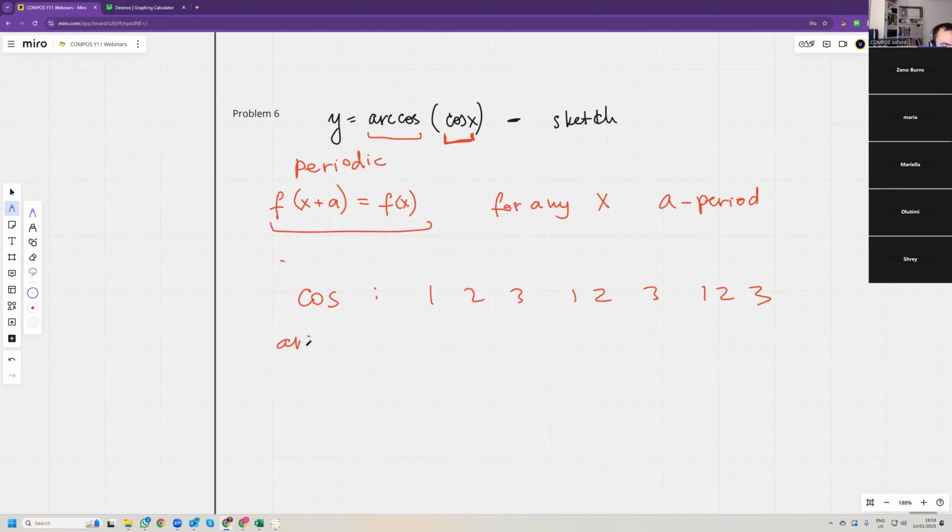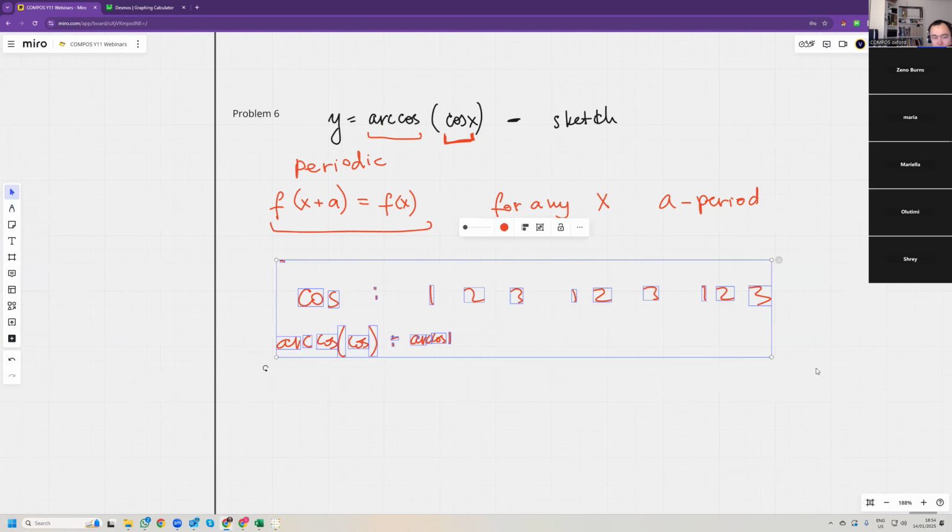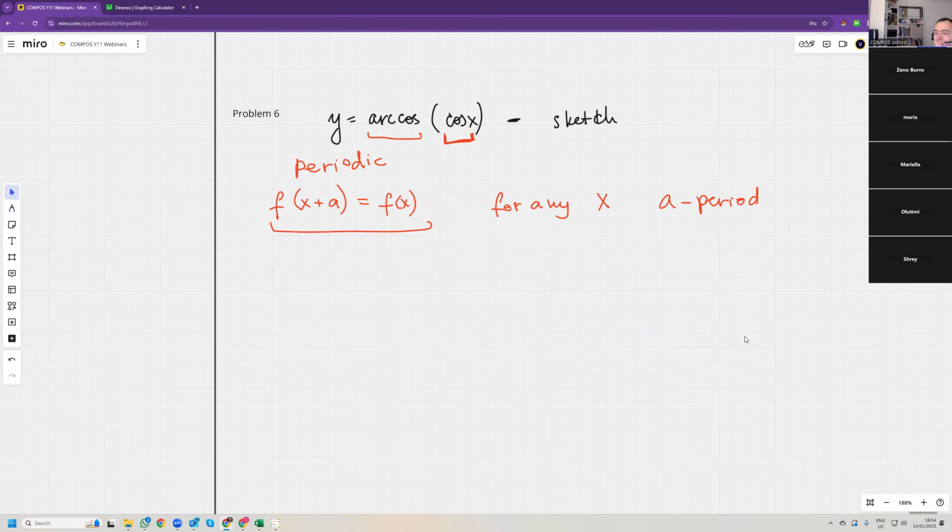And then arc cos of cos is going to be arc cos 1, arc cos 2, arc cos 3, arc cos 1, arc cos 2, arc cos 3. It will also be periodic. It makes sense. Of course, cosine is not 1, 2, 3, 1, 2, 3, but I hope you understood the general idea.